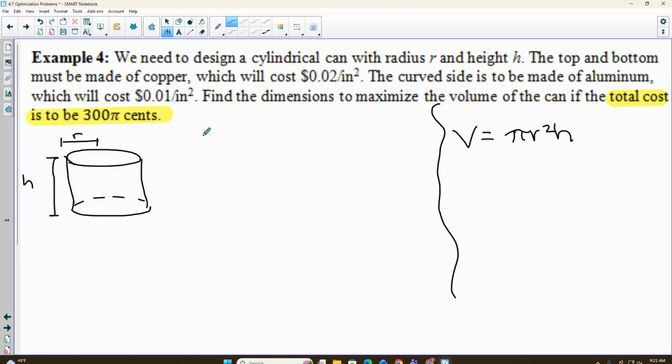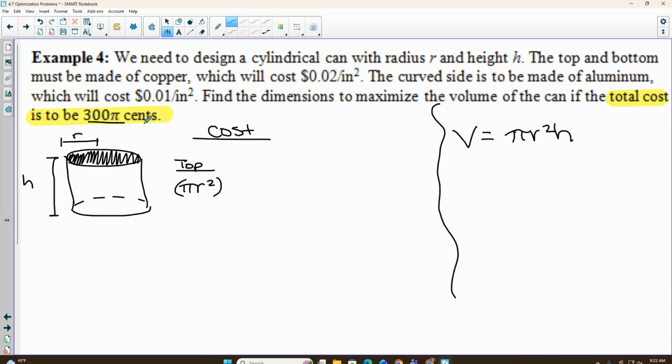All right. So let's think about our cost here. You have to pay for the top and bottom. All right, what's the area of the top? And how much does the top cost me to make? 2 cents per square inch. Good. So the per square inch, that's what tells me its area.